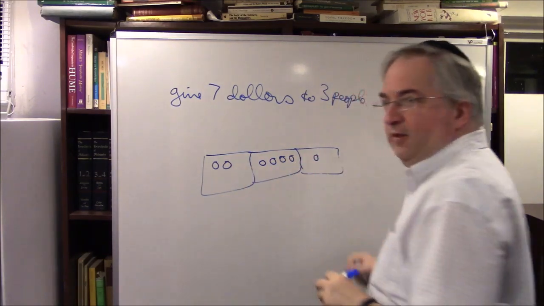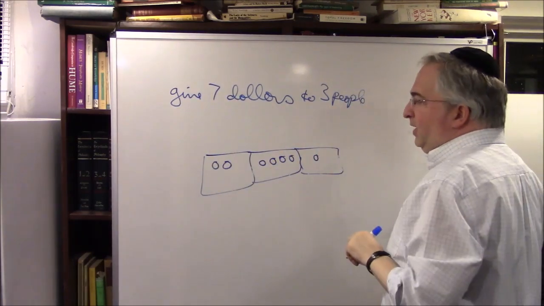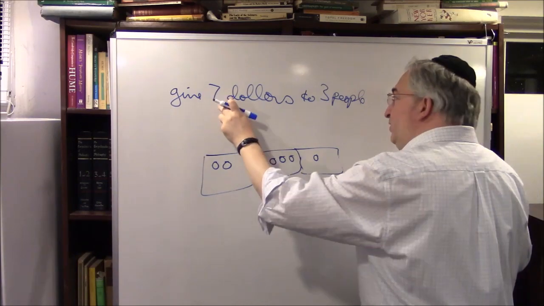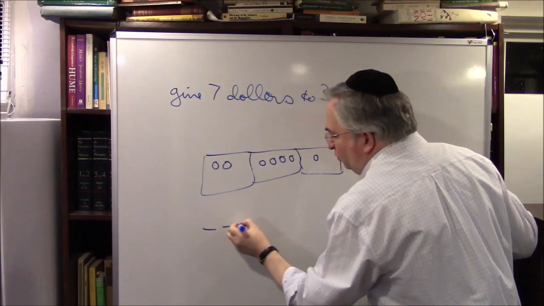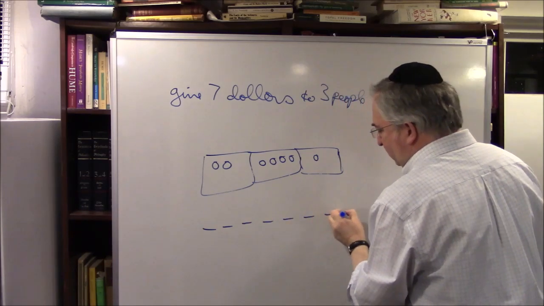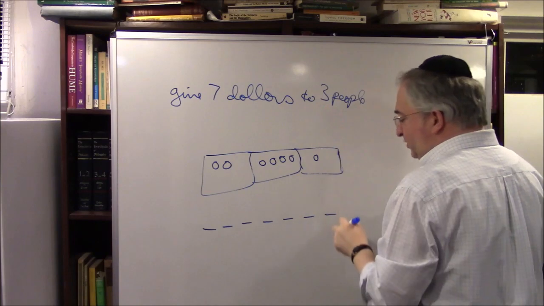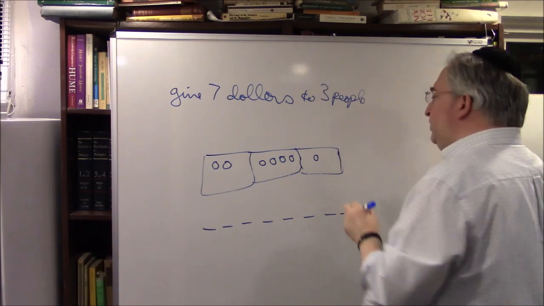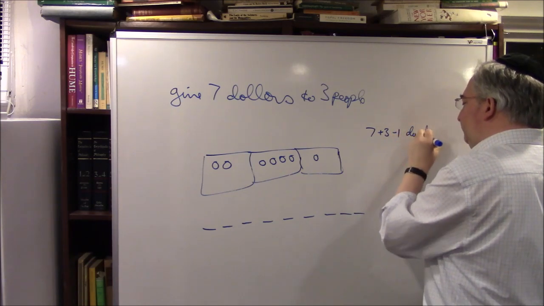It says like this. Take your $7, and take your 3 people, and make 7 plus 3 minus 1 dashes: 1, 2, 3, 4, 5, 6, 7. 7 plus 3 is 10, minus 1 is 9. So we're going to make 7 plus 3 minus 1 dashes.